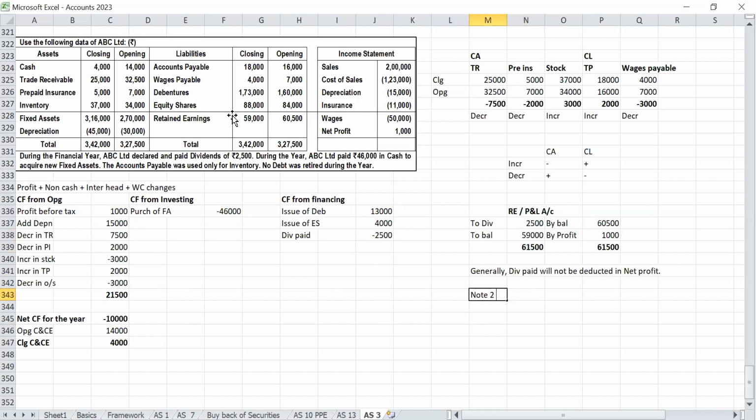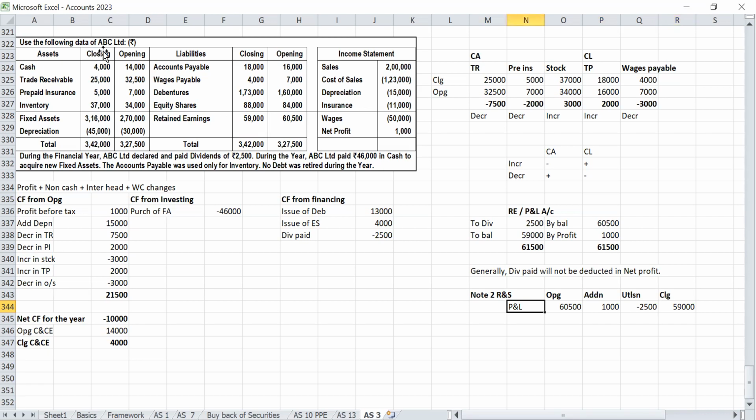We will prepare note number 2, reserves and surplus, with opening, addition, utilization, closing. Profit and loss account opening balance 60,500. 1,000 is the addition, profit for the year. Utilization 2,500, dividend paid. Closing 59,000.